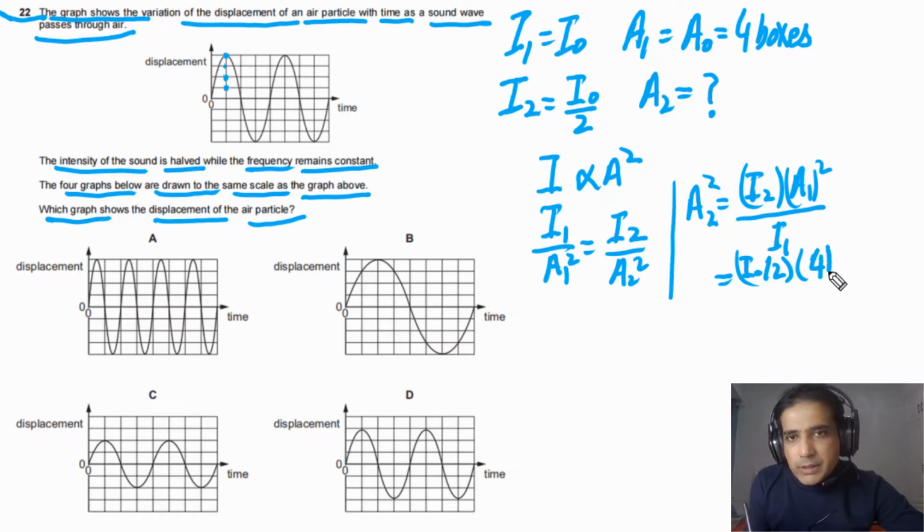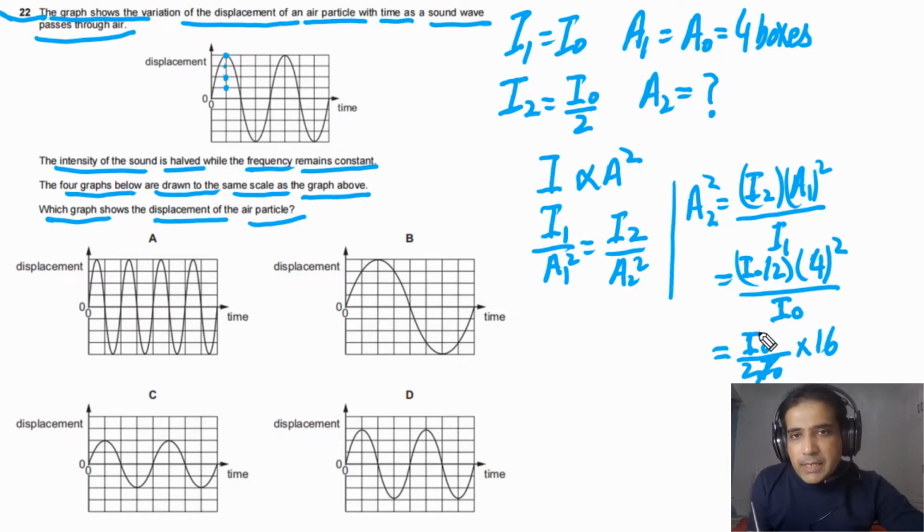So we can say this is equal to 4 boxes squared, divided by intensity 1, which is equal to I0. So we can simplify this one. We get I0 divided by 2 times I0 multiplied by 16.